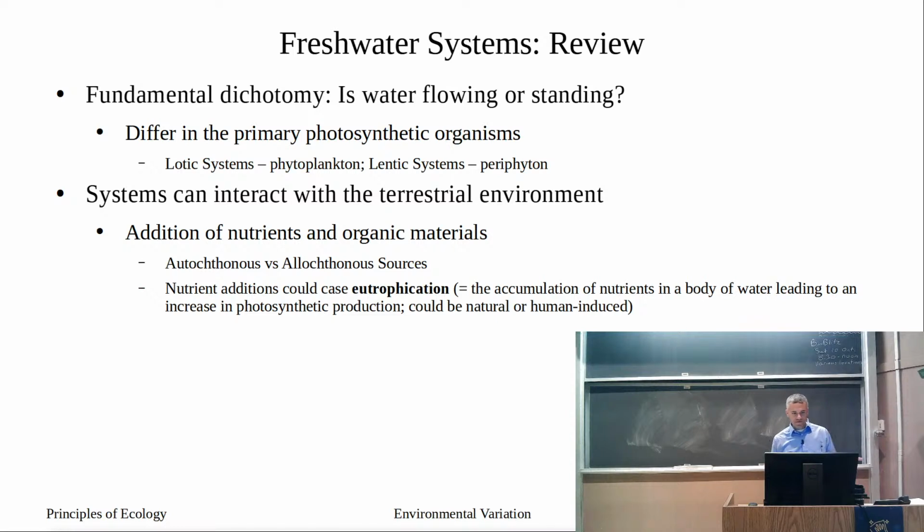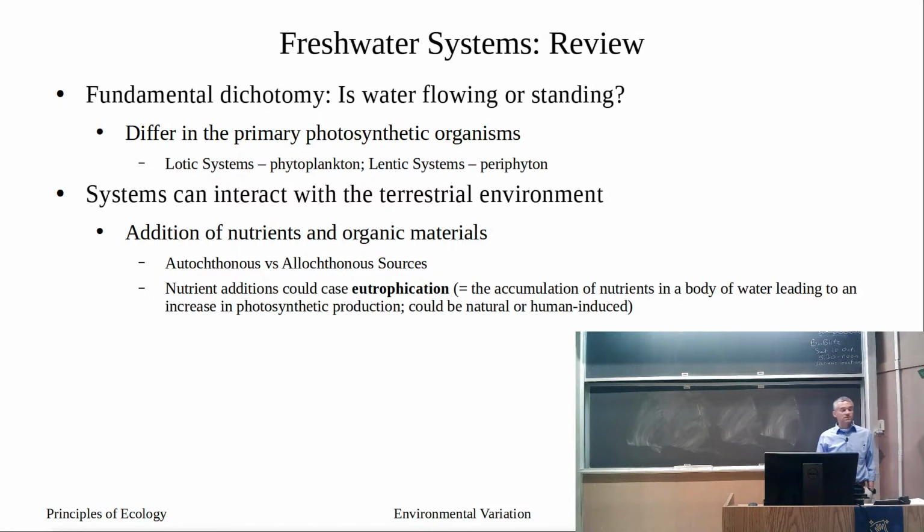All right, so this is where we left off. Freshwater systems review. Just kind of rehash what we're going to do in preparation for moving towards the marine environment. When we deal with the freshwater system, our fundamental separation is whether or not that water is flowing or standing still, because that has a big difference in what organisms can live there, namely the type of photosynthetic organisms.